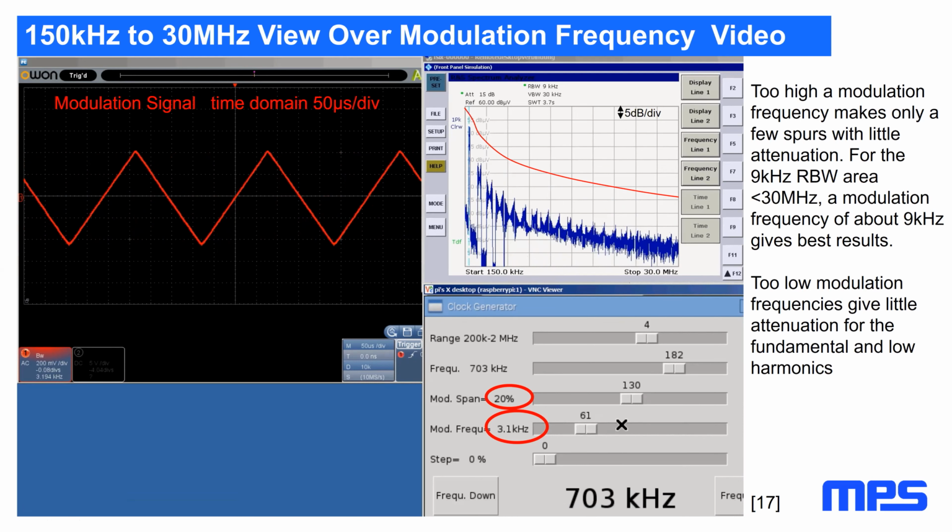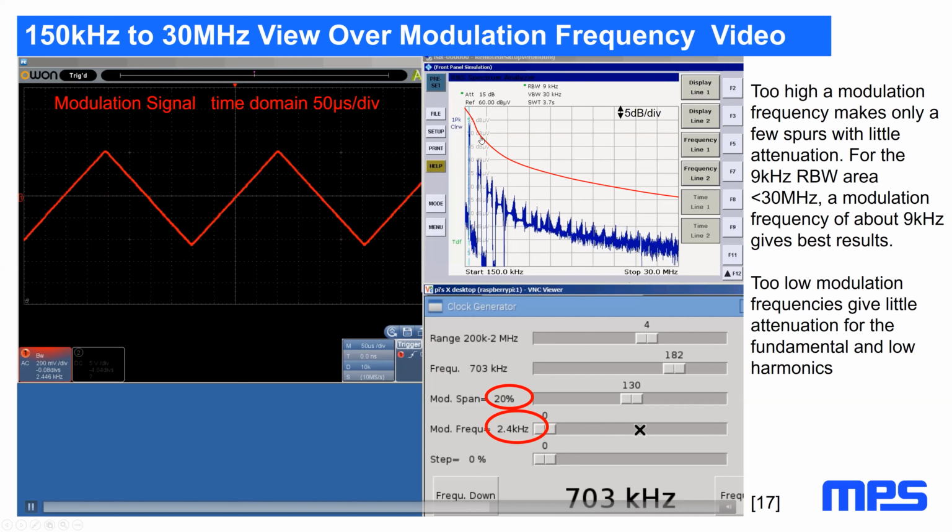And here you can see what happens if you go very low with the modulation frequency. You can see that especially at the lower end, the spurs go up again, so we get less attenuation.